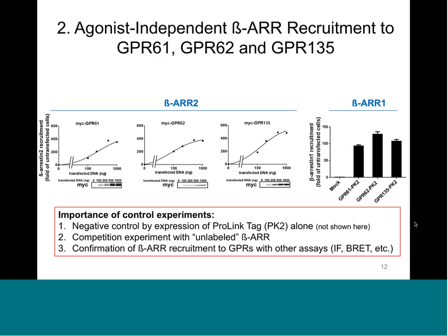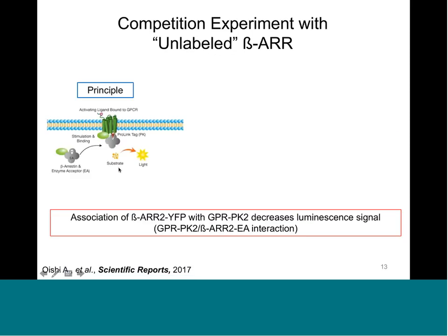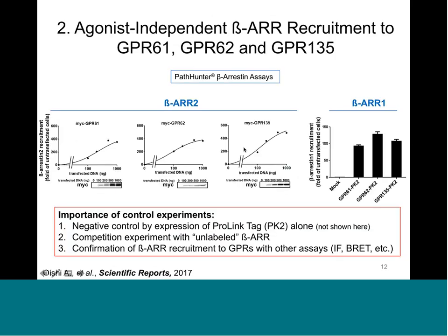Now we are talking about part 2, agonist-independent arrestin recruitment. The expression of all three GPRs showed beta-arrestin 2 and 1 recruitment by PathHunter beta-arrestin assays. To make sure these results reflect beta-arrestin recruitment on GPCRs, we think control experiments are very important. As a control experiment, we'd like to propose 3 experimental settings.